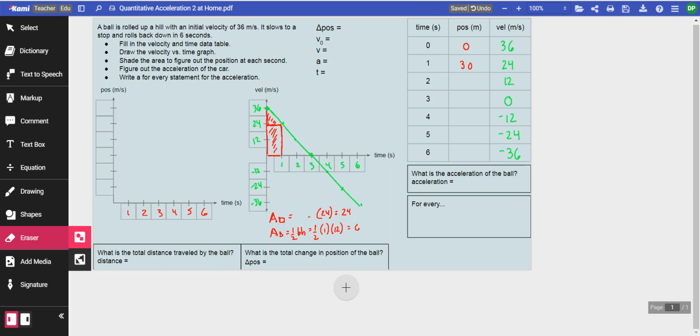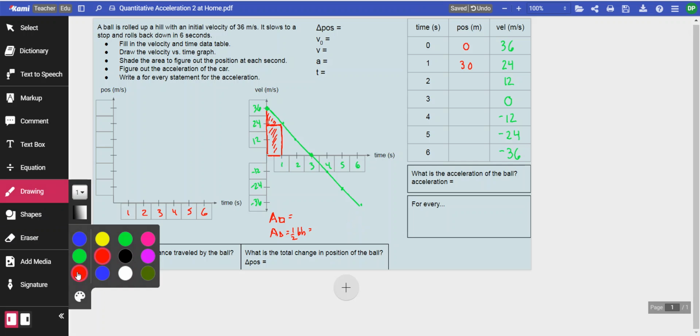Let's try this again. Okay, let's do the next one. So now what we're going to do is, this time I have a rectangle there, and this time my triangle is here. So you can see the triangle is bigger.